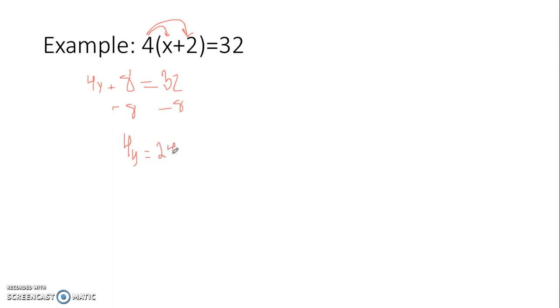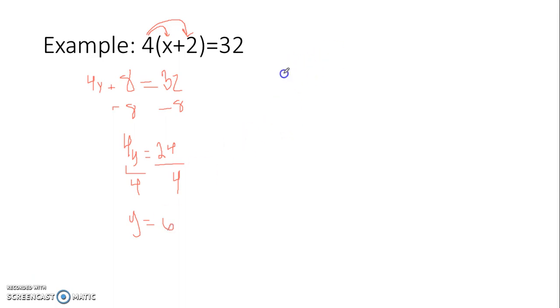Okay, and then step 4, perform any necessary multiplication or division to get the variable all by itself. So we have 4 times y is equal to 24. Well, to get y all by itself, we need to do the opposite, or divide by 4 on both sides. So y is equal to 24 divided by 4, which is 6.